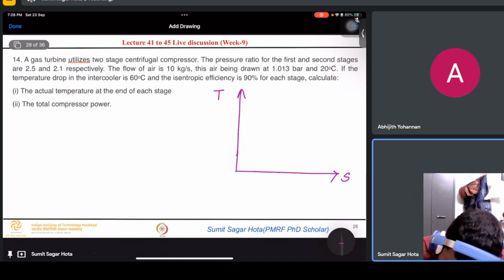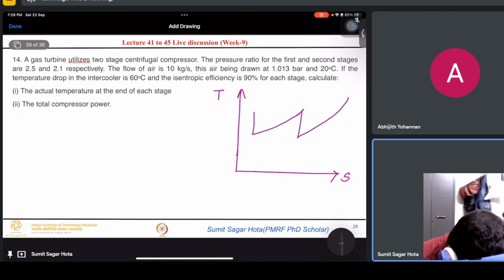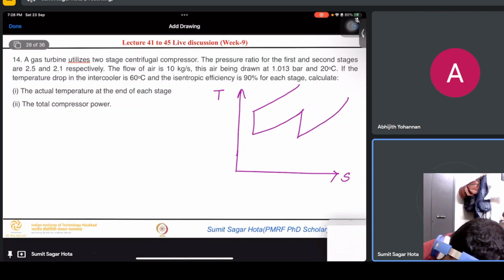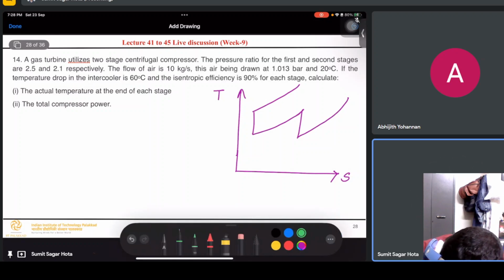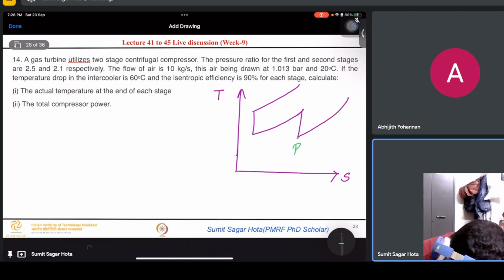I will just draw it so that it will be easy. This is your P1, T1, this is your P2, T2, and P2 is your common pressure.